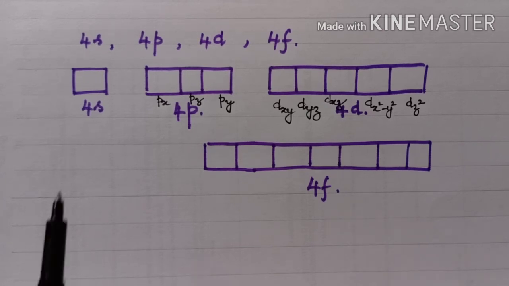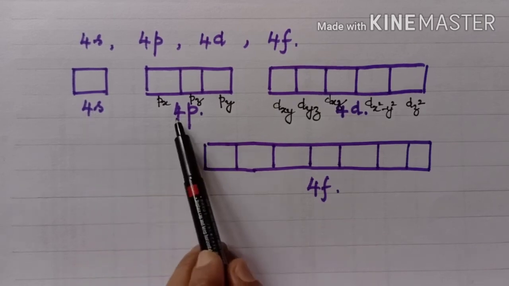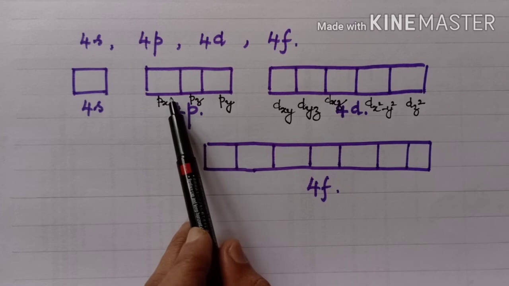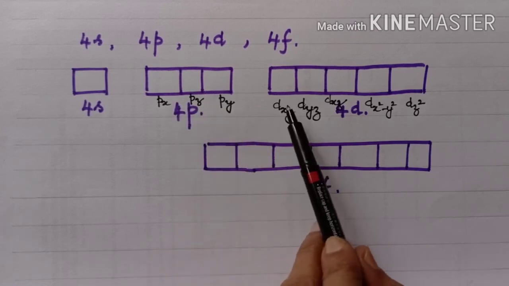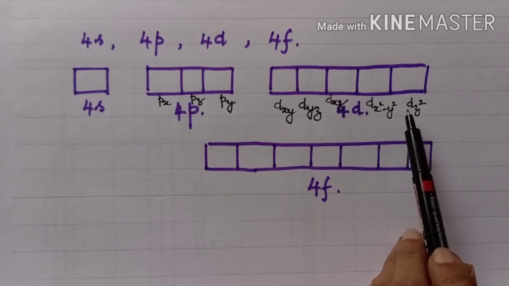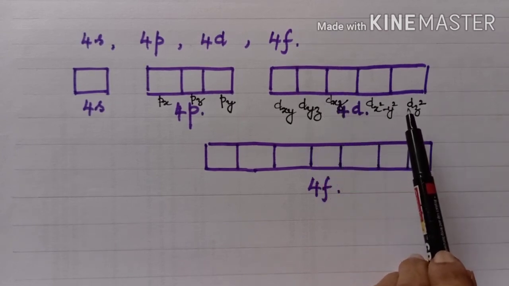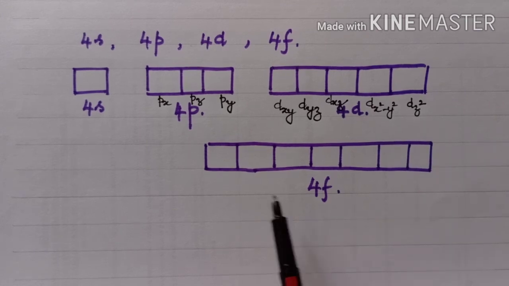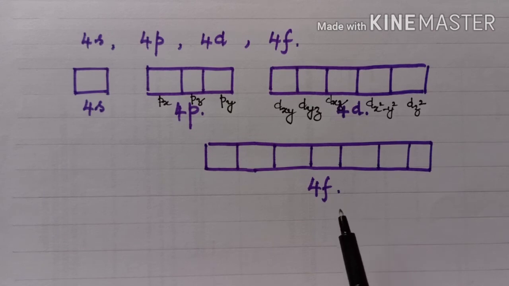As a result, the maximum capacity of s orbitals becomes 2. For p orbitals, 3 varieties are there, so a total of 6 electrons can be accommodated. For d, there are 5 different varieties, so a maximum of 10 electrons can be accommodated. F orbitals are of 7 different types, so a maximum of 14 electrons can be accommodated.